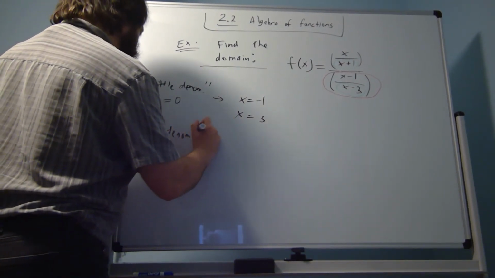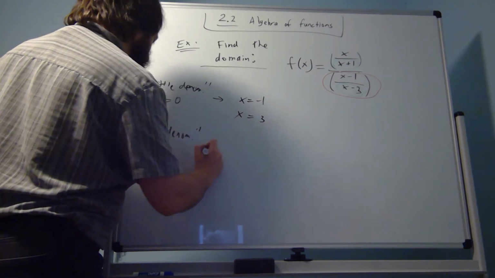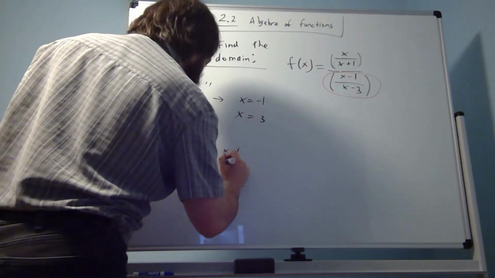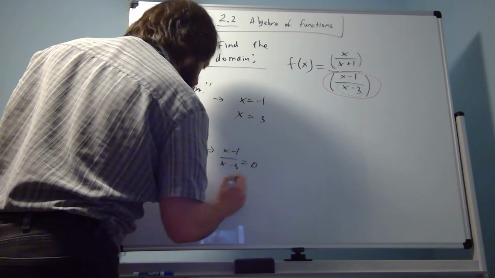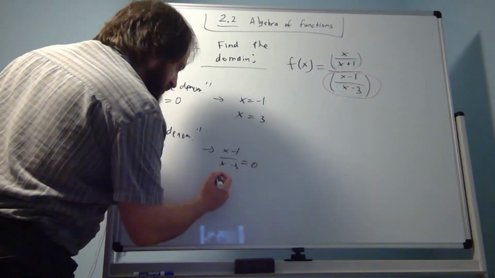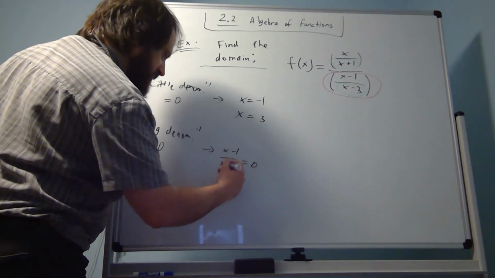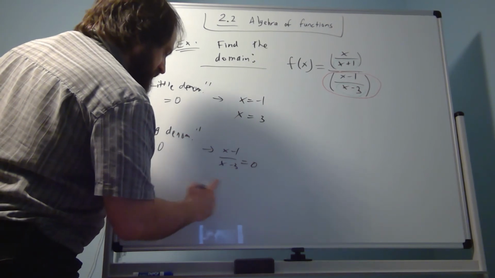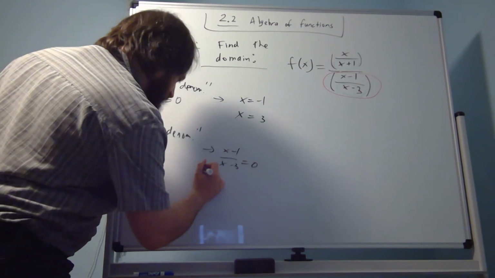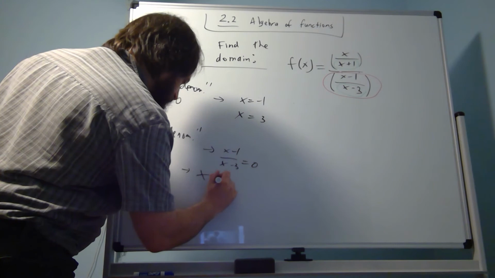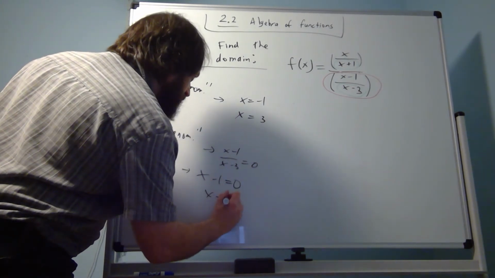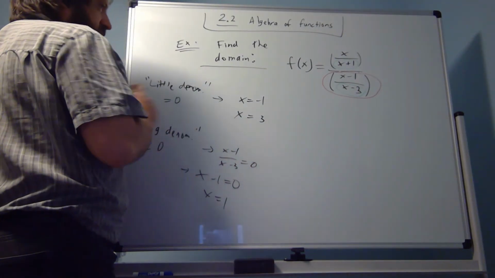Big denominator equals 0 means that x minus 1 over x minus 3 is equal to 0. Well, you could multiply both sides by x minus 3 here. The only way the whole thing can be 0 is if the numerator is 0, which is x equals 1. So there's 3 different places.